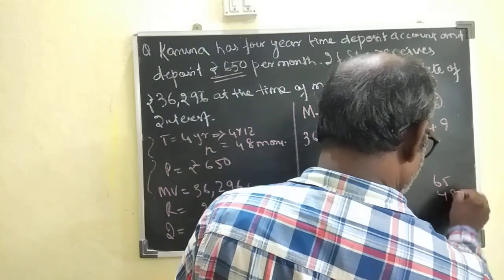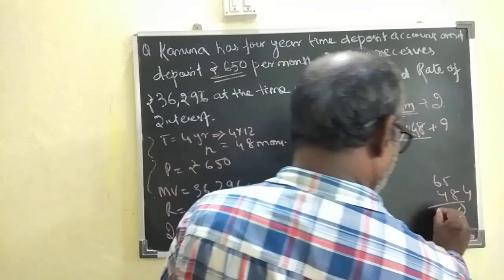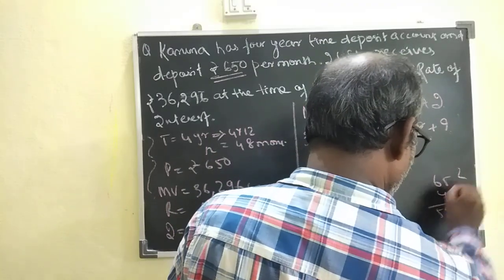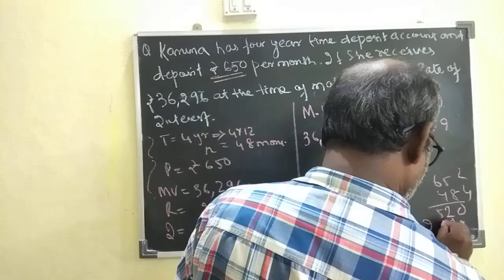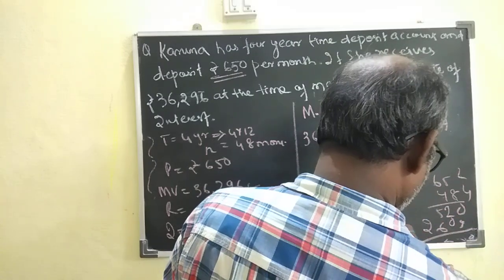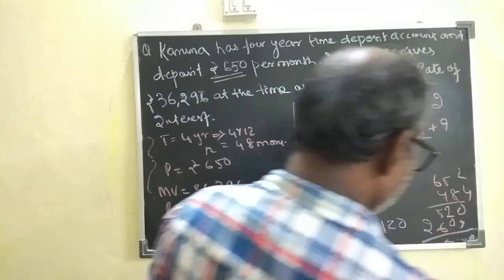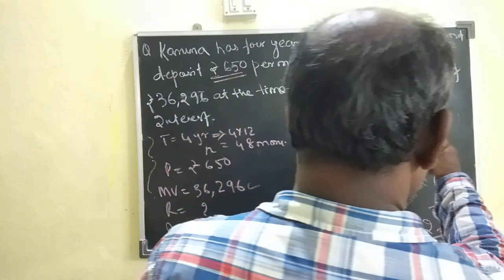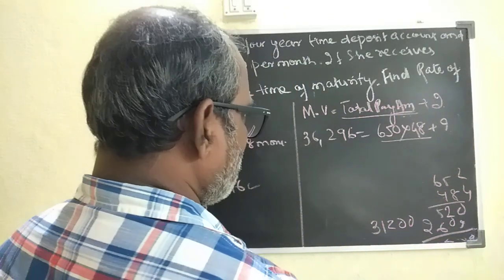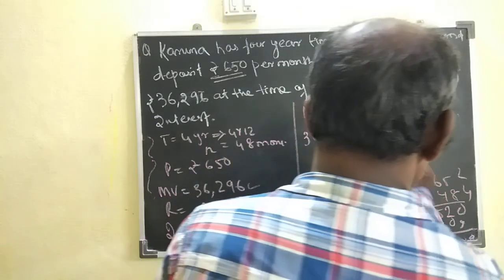65 into 48, 8 5s are 40, 0, 4, 8 6s are 48, 52, 4 5s are 20, 2, 4 6s are 24, 26. So we get here 31,200.